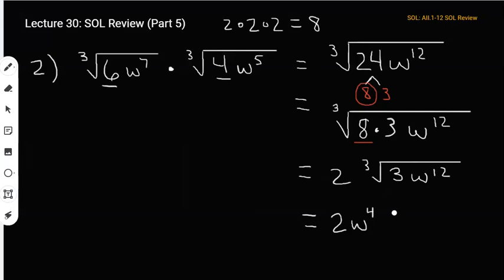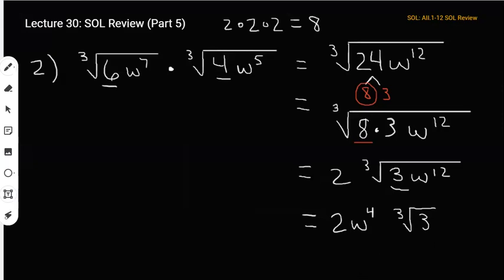Since that divides evenly, there's not going to be any w's left under the radical, right? The only thing that should be left under the radical this time is this whole number 3 here. So I'm going to put that under the radical, and I'm done. Once you get done with this, there should be no more cubes left under the cube root because you should have taken them all out by now.